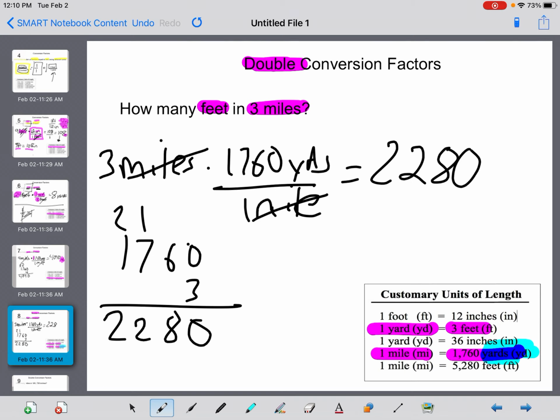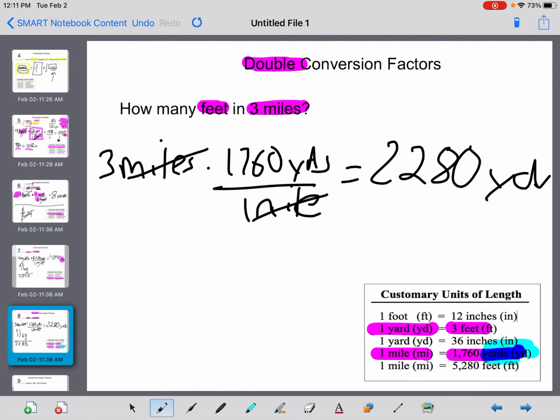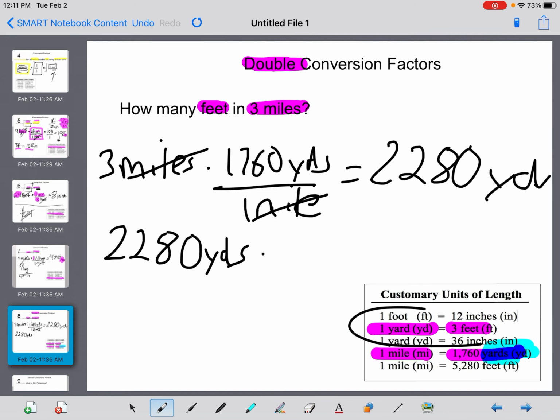So let me just multiply that for a second. And I get 5,280 what? 5,280 yards. So now that I have 5,280 yards, I can do my next conversion factor.